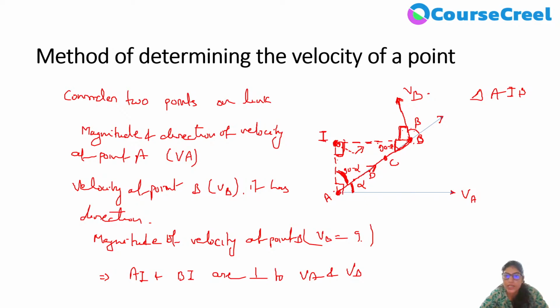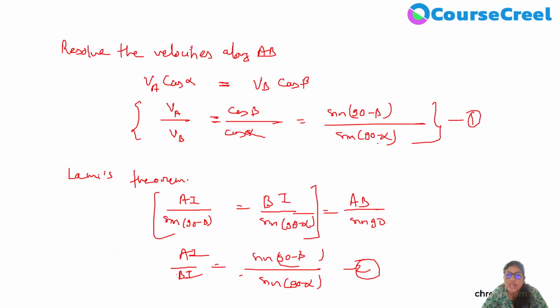If anything is in translation, we cannot define the instantaneous center for that. Suppose an object is moving on a flat surface and is not having any rotation. In that case, we cannot consider the instantaneous center for the linear motion.